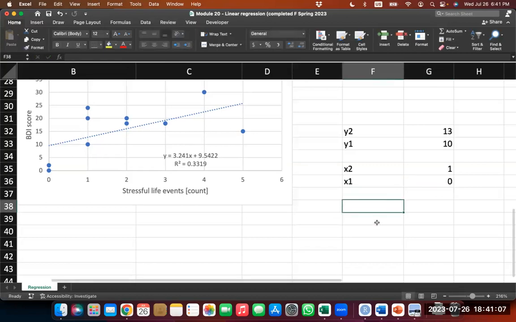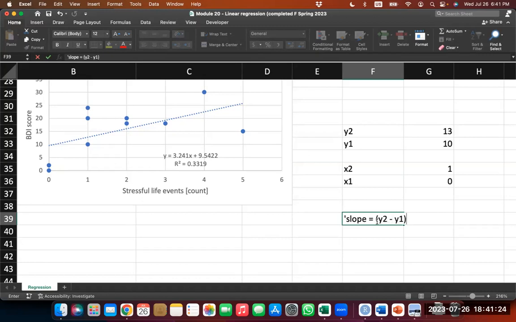With these variables, I can calculate the slope with the following formula. Slope equals y2 minus y1 divided by x2 minus x1. That's a way to calculate the slope from here to here.